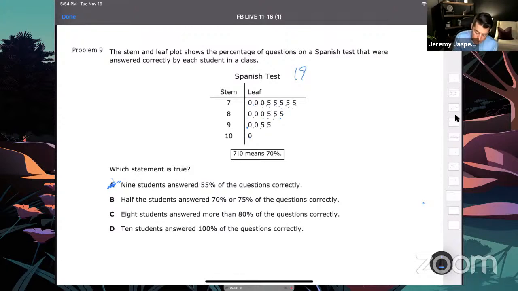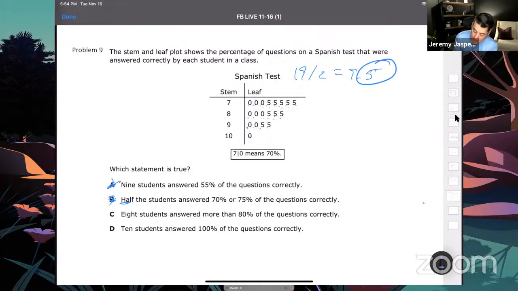It says half the students answered 70 or 75%. Well, if this is 19 and I divide it by 2, what do I get? I get 9.5. I can't have 0.5 because it says half. It didn't say almost half or kind of half, it said half. And if I have an odd number of students, I can't have half. So without counting anything else, B cannot be the answer.